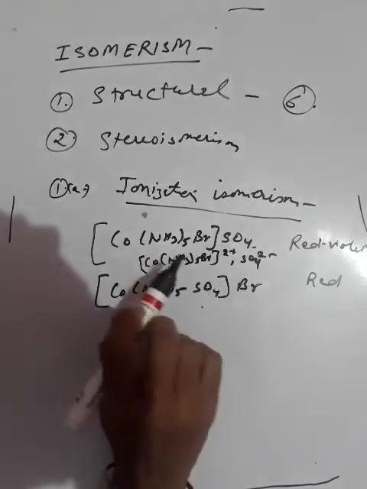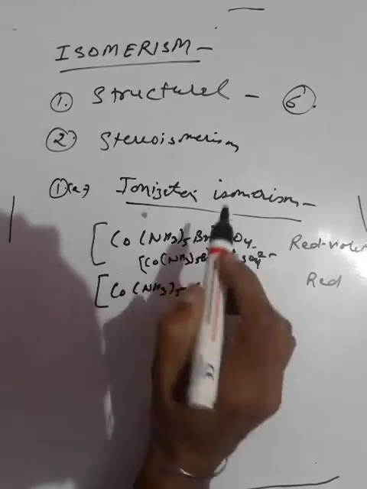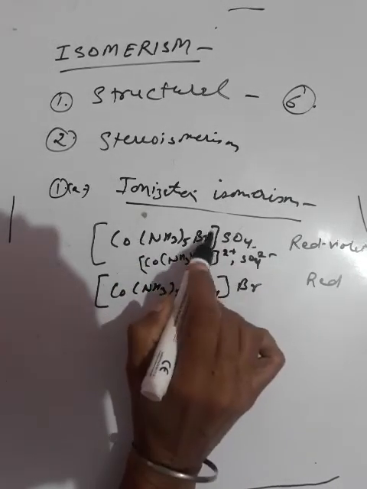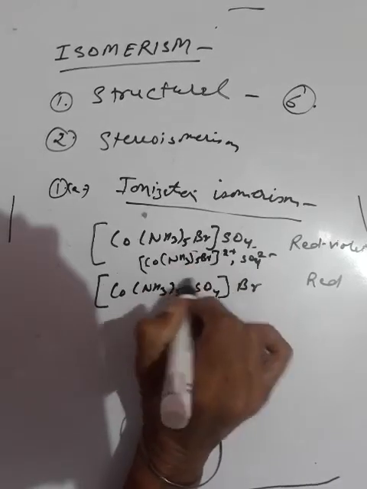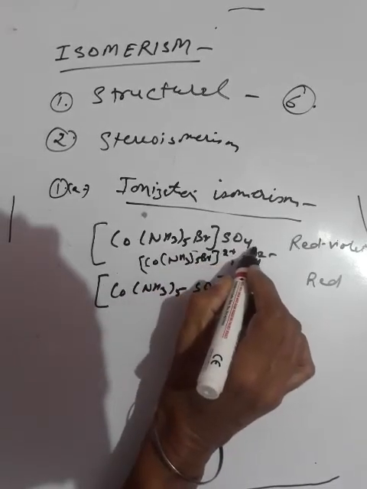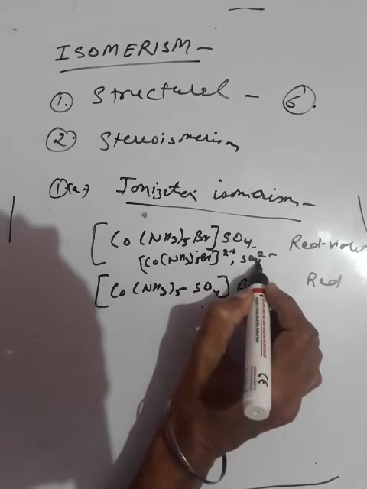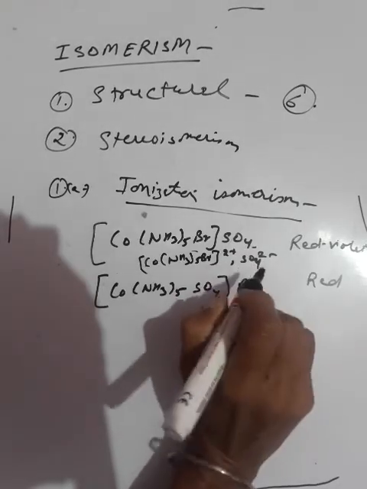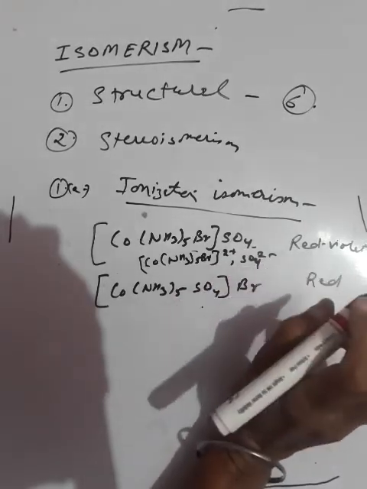This coordination sphere will be given as one ion and SO4 2- as the second ion, and this will give the test of the sulfate ion.